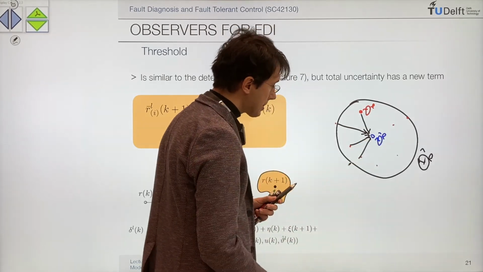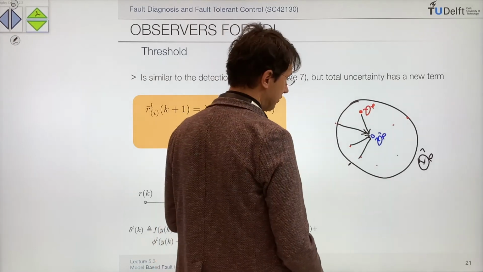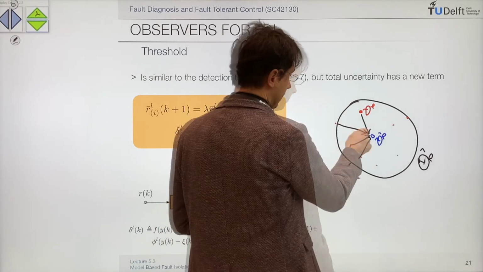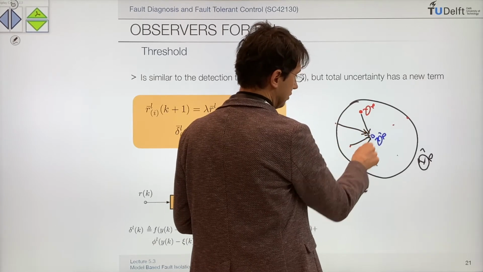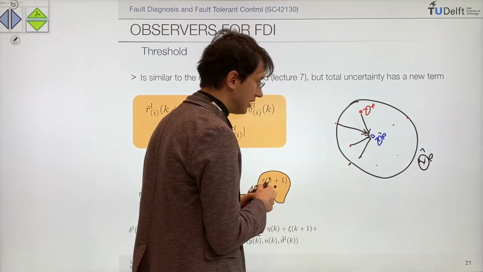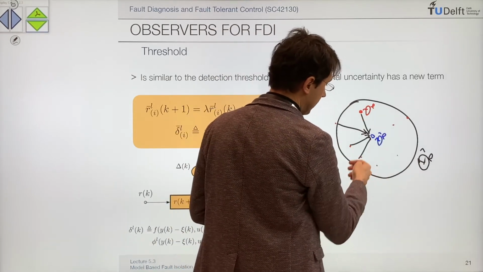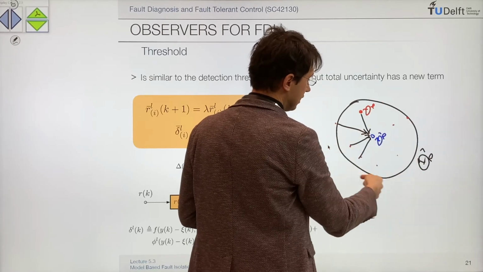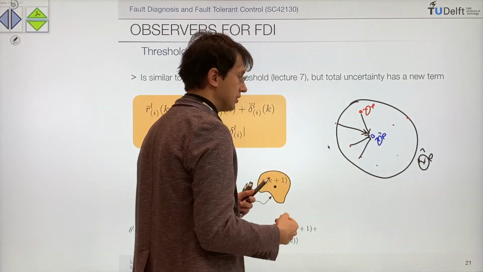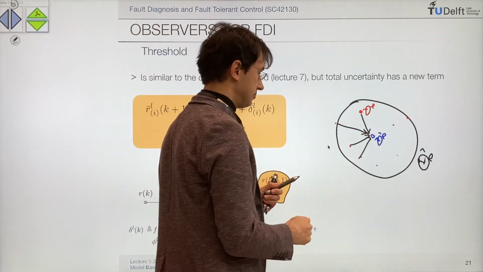Okay, well, it is not difficult to see that the biggest difference that you have is in the point that is farthest away from the current value of theta hat L. And as this is a circle, the farthest point away is on the circumference and on the opposite side with respect to where theta hat is.